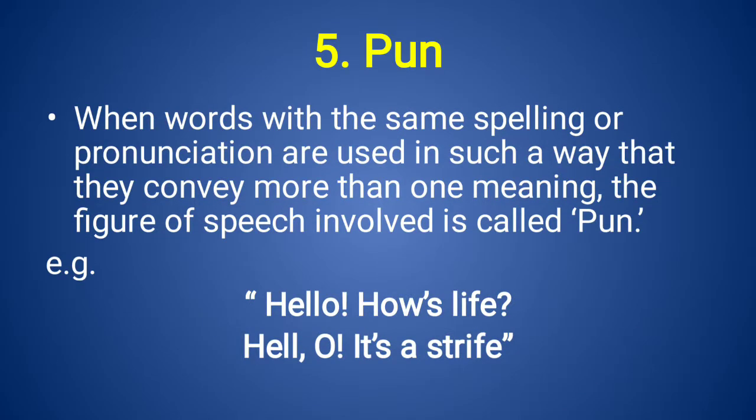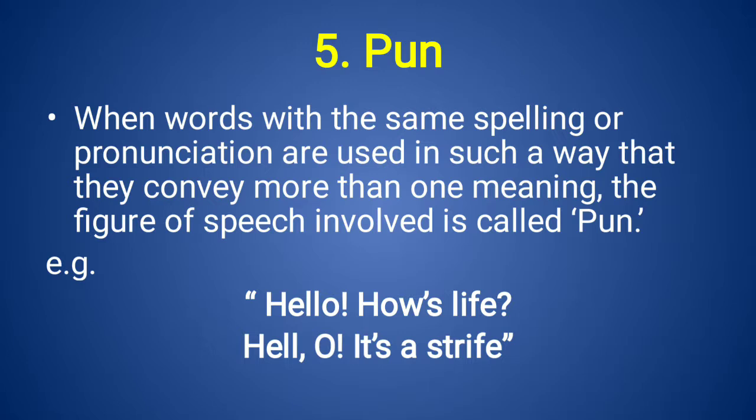So after this, I would like to discuss with you the common figure of speech which is used in this poem, that is pun. Pun, when words with the same spelling or pronunciation are used in such a way that they convey more than one meaning. The figure of speech involved is called pun.